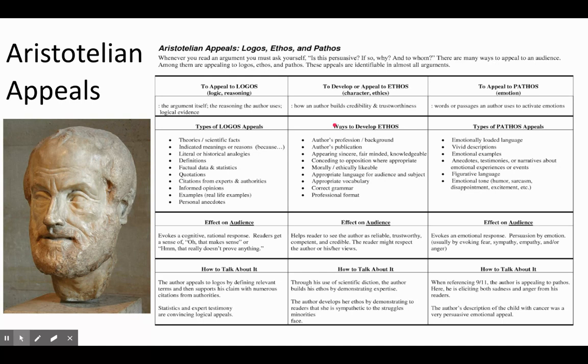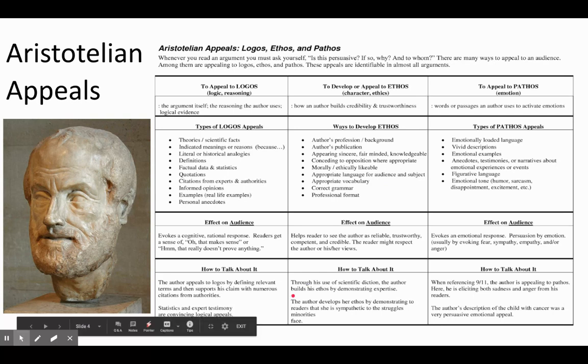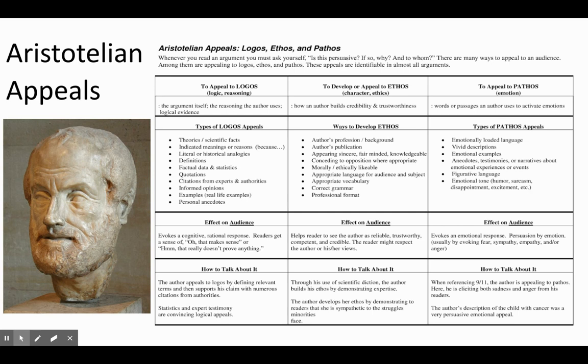She's giving her background, which is a way to build ethos. So when we talk about that, we say the author builds ethos. We don't say an author uses ethos.